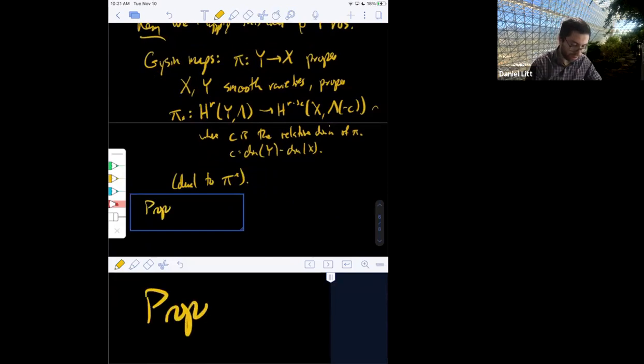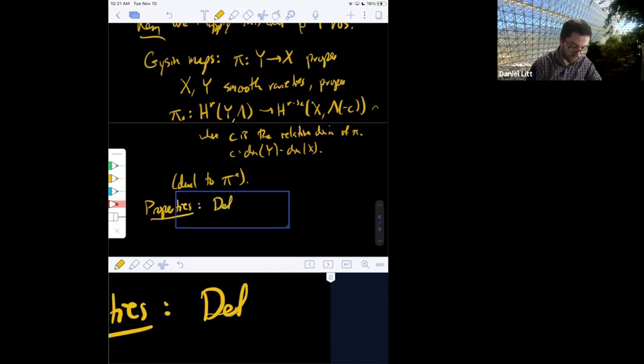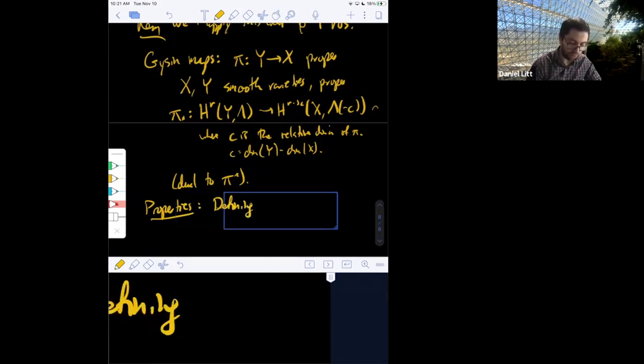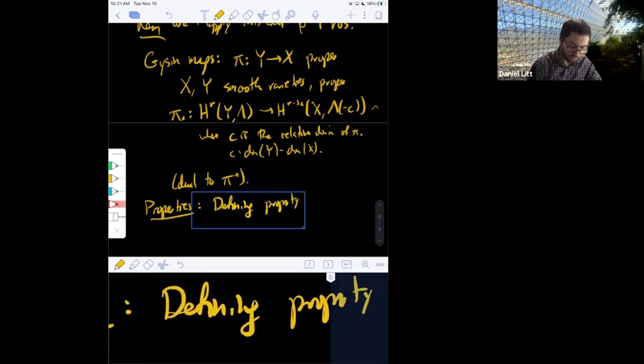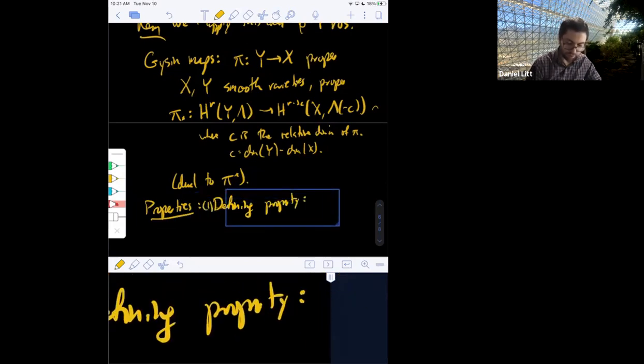So let me first just tell you the defining property. So what does it mean to be the dual of a map? So just the definition is as follows.